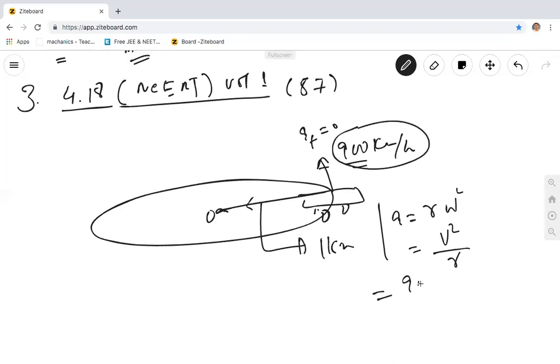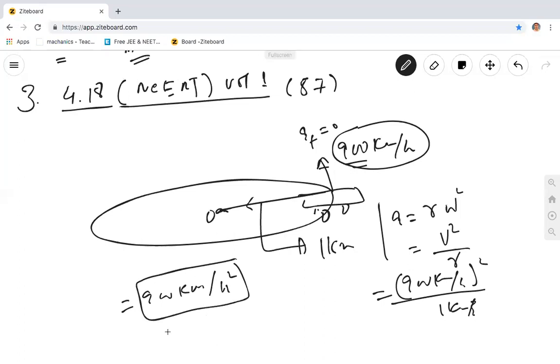It is 900 kilometer per hour whole square by r, that's 1 kilometer. 1 kilometer will get cancelled. This should be the answer.